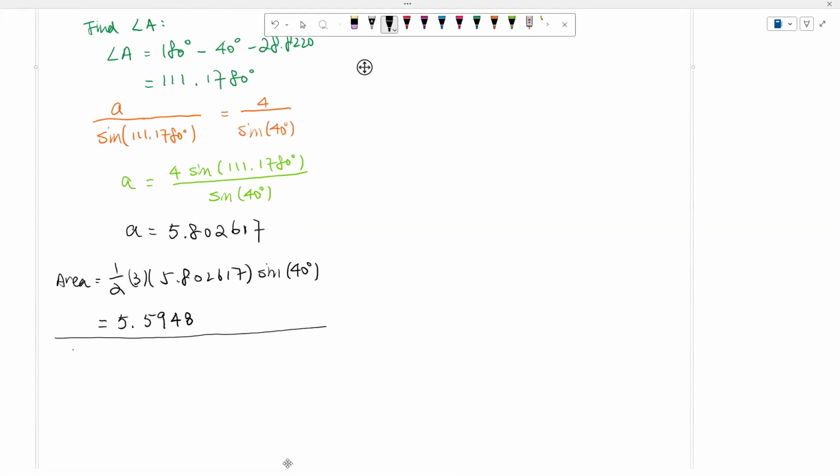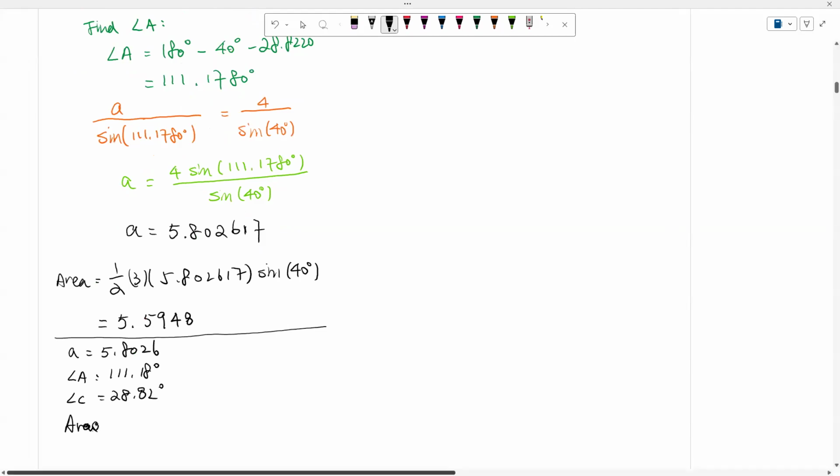Then let's make the summary. So A equals 5.8026. Angle A is 111.18 degrees. Angle C is 28.82 degrees. And the area is equal to 5.5948.